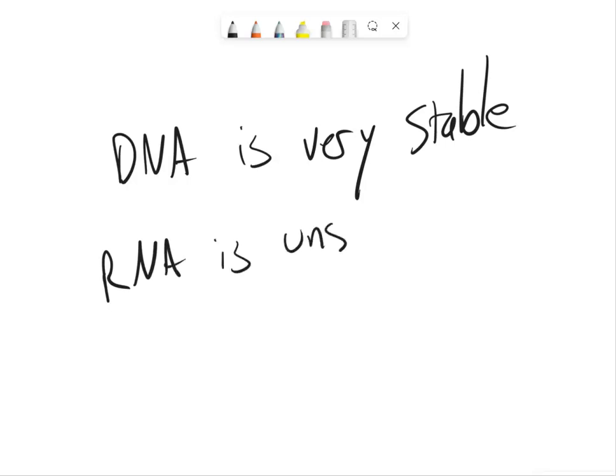It is unstable. And this is really useful to a cell, because if it decides, I want protein number Q or whatever, I want to make that protein, the first thing it has to do is make a messenger RNA, and then that will be translated by a ribosome, and then the cell will have its protein, but the RNA will still be around.